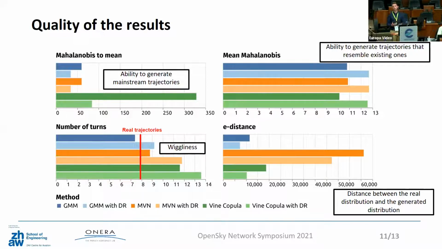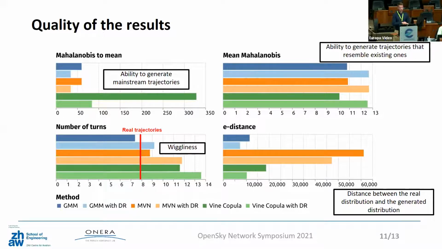So that means that the goodness of fit is actually better. But also, when we look at the number of turns, we see that when we apply this dimensionality reduction method, we increase the wiggliness of the trajectories. So even though the trajectories are better estimated, it also appears that the generated trajectories, when we apply this method, are more wiggly.